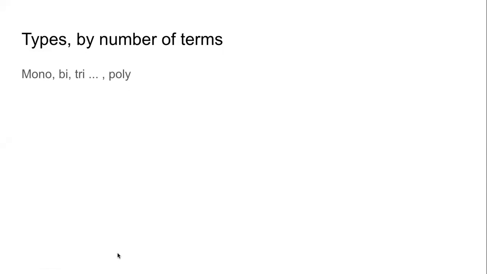Even a binomial can be called a polynomial. Even a trinomial can be called a polynomial. Mono, bi, and tri are special names. Where the number of terms is 1, it is called a monomial. If the number of terms is 2, it's called a binomial. If the number of terms is 3, it's called a trinomial.